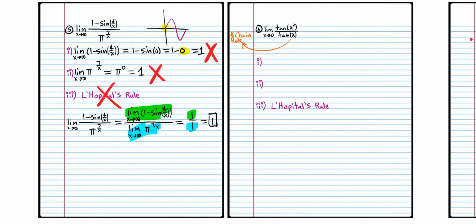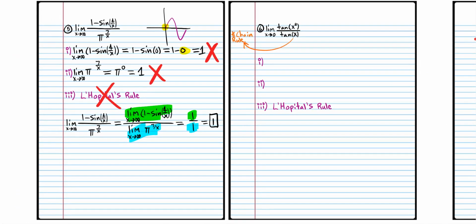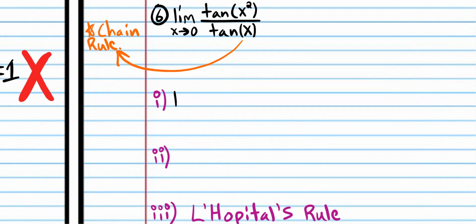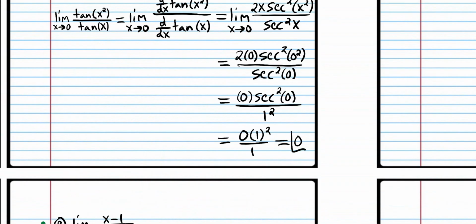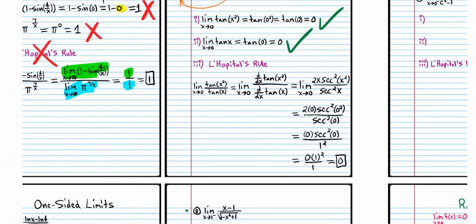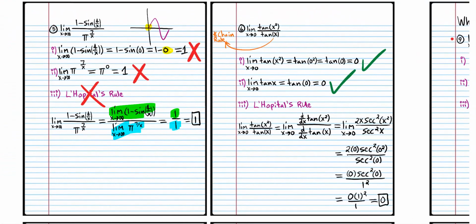So try number 6, and when you come back, we'll do it together. Okay, we're back. Okay, if you got that right, excellent. So the limit was 0.